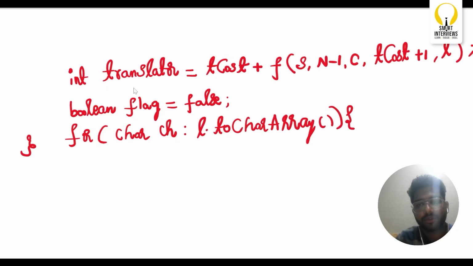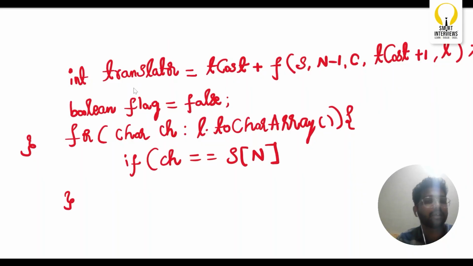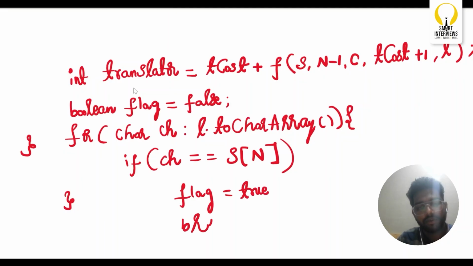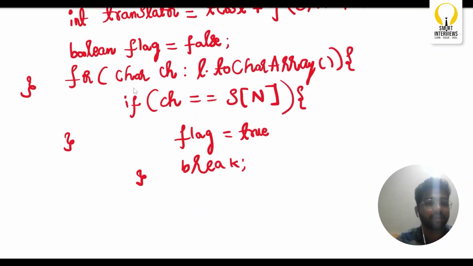And in this, I should check whether ch is equal to s of n, right? If they are equal, that means flag is true, and we can simply come out of the loop, right? This is one way.